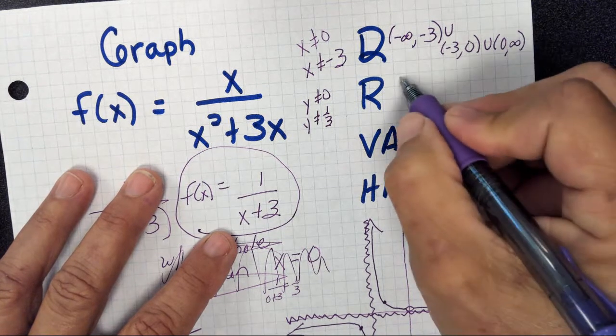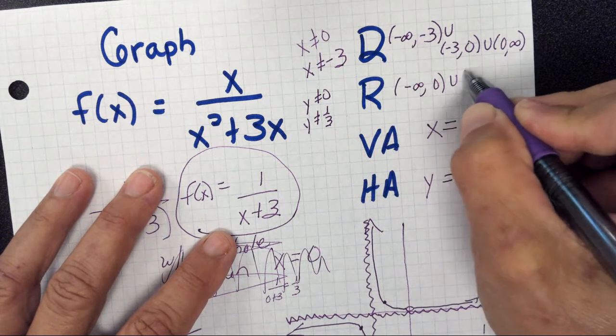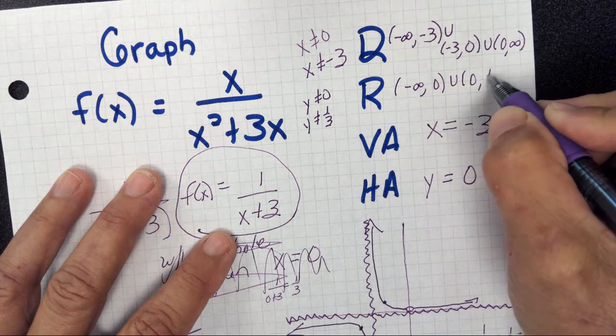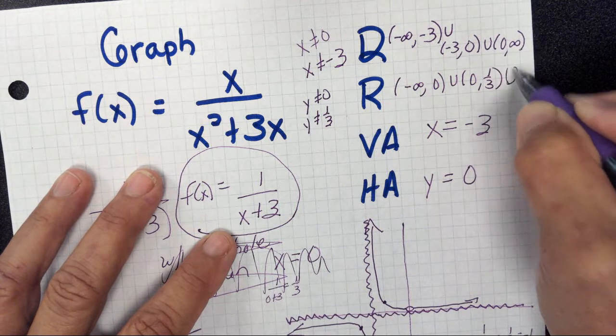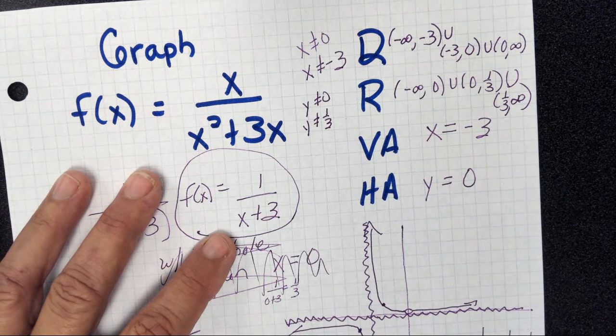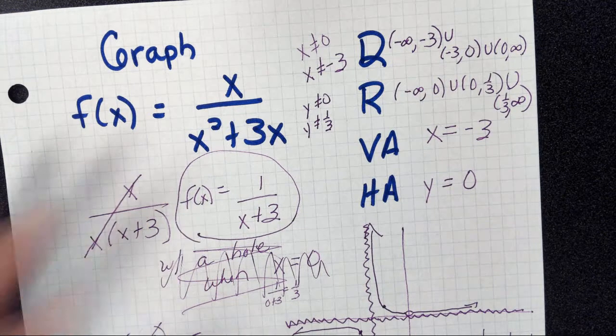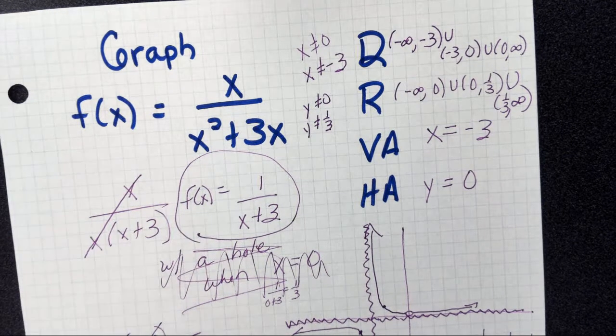So my pieces would be -infinity to 0, 0 to 1/3, and then 1/3 to infinity. All right. That's taking it the long approach.